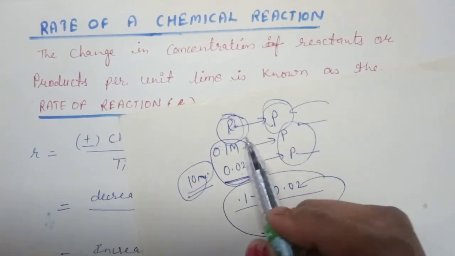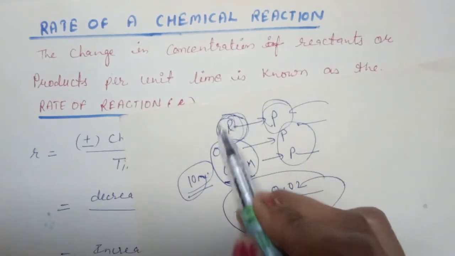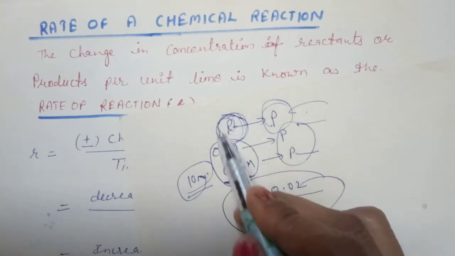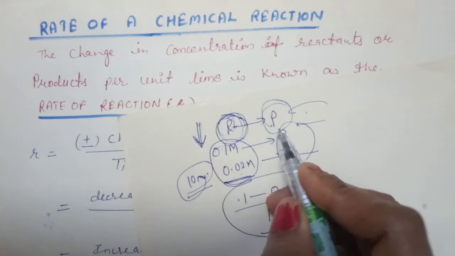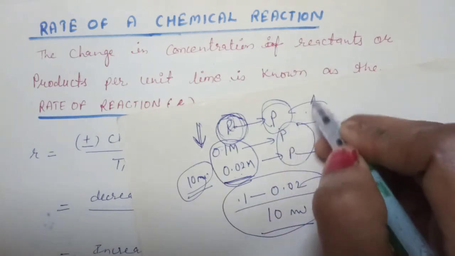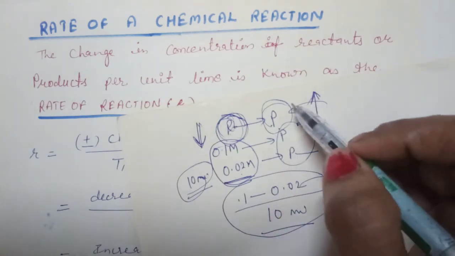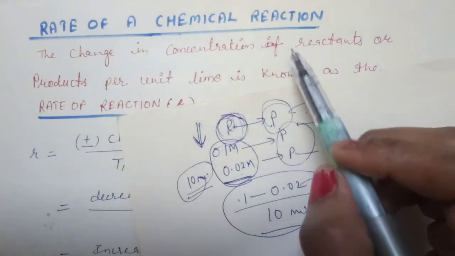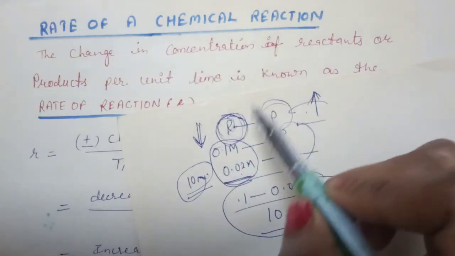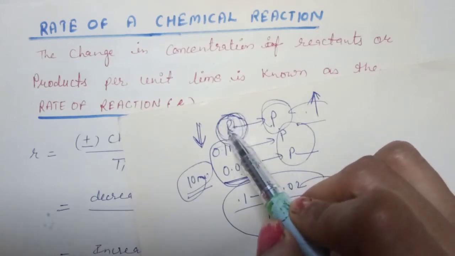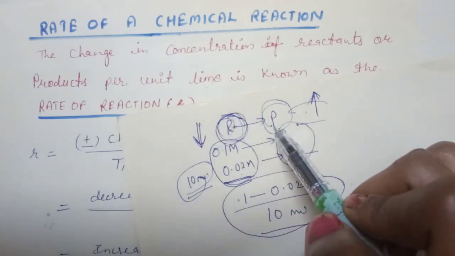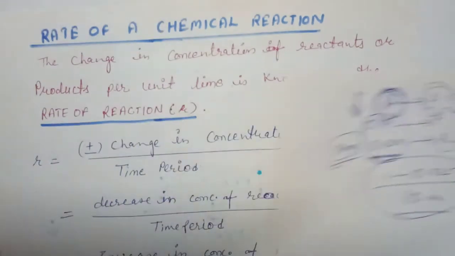And as we know, as the reaction takes place, the concentration of reactant decreases continuously while the concentration of product increases continuously. So we can say the rate of reaction is the decrease in the concentration of reactant per unit time or the increase in the concentration of product per unit time.